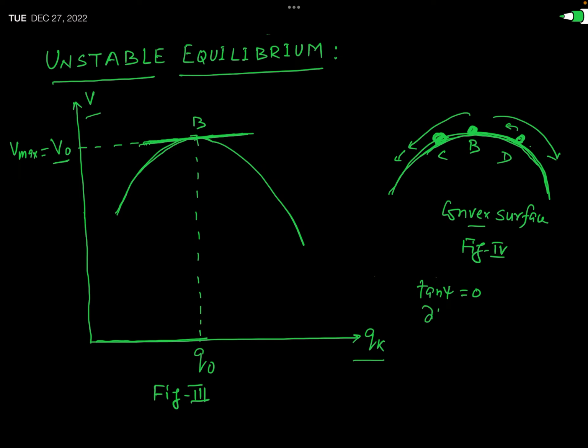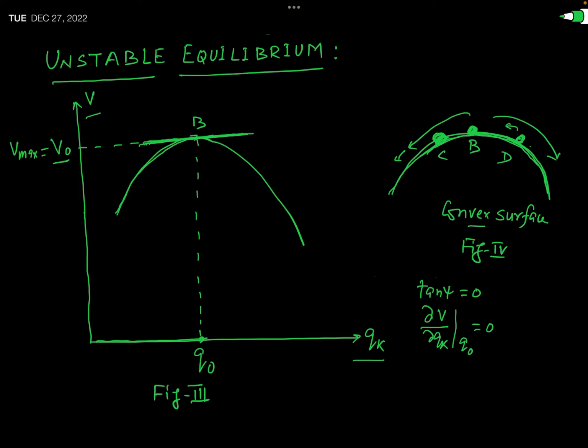And tan psi, according to calculus, will be del V by del qk when qk is equal to q naught. See here, corresponding to this point B, the value of qk is q naught, and this is equal to 0.